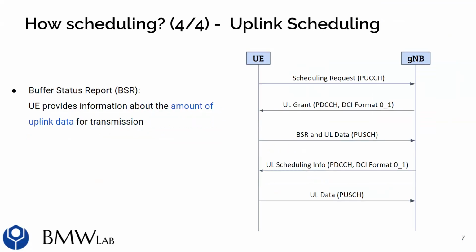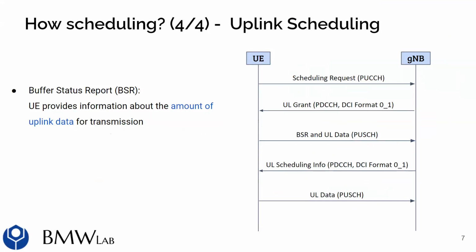And another example is the uplink scheduling. The uplink scheduling is a little different from the downlink scheduling, because the UE needs to inform the gNB that it wants to do the scheduling for the uplink, and then the gNB knows this UE wants to do a scheduling request, the uplink scheduling.